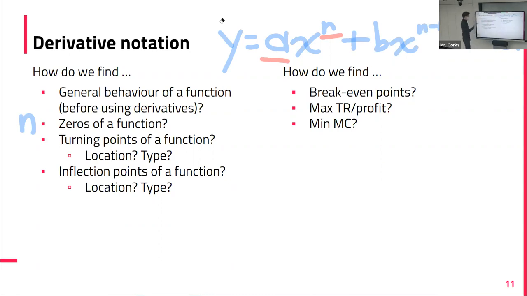What about turning points? What's the maximum number? Okay, n minus 1 turning points at most, and how many inflection points? n minus 2. We're going to the second derivative.